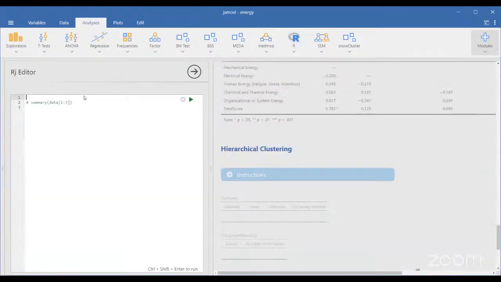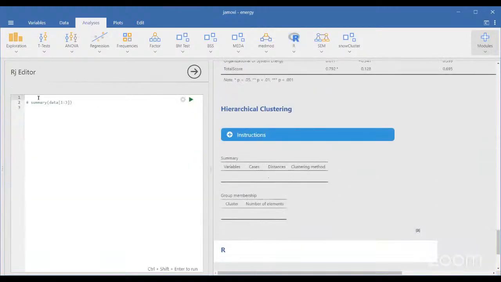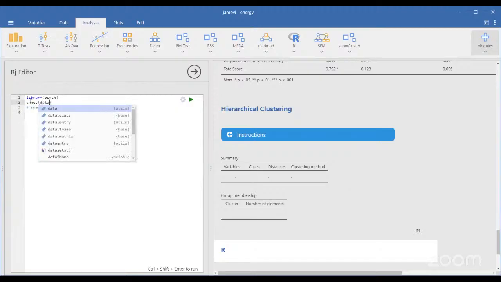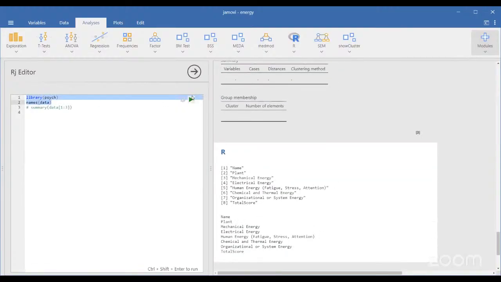You take this data and click the R editor. Yes, sir. Then you write down the names bracket data. Names. Now you run. So we want the data from third number, from 3 to 8, right? From 3 to 8.